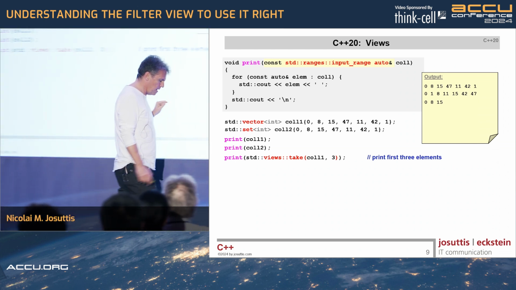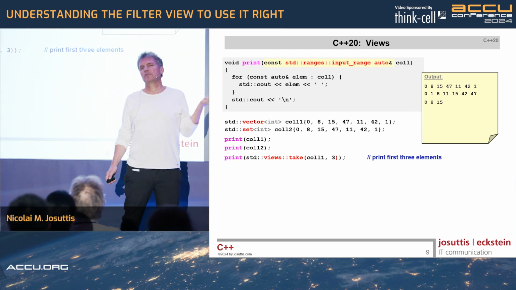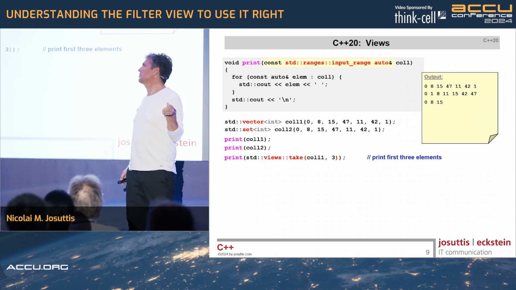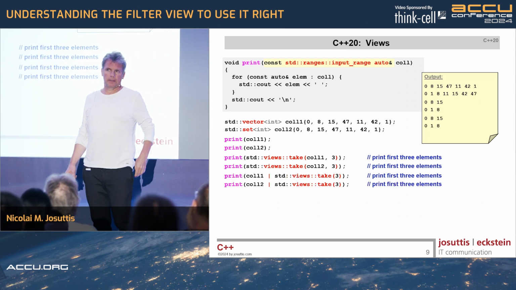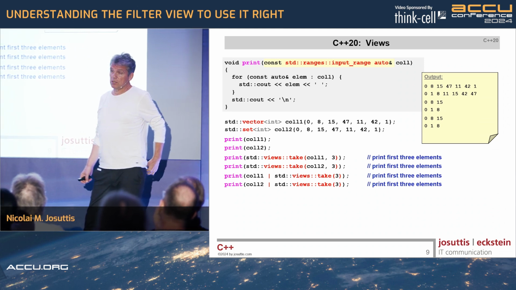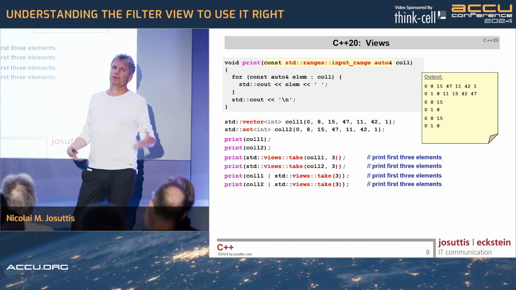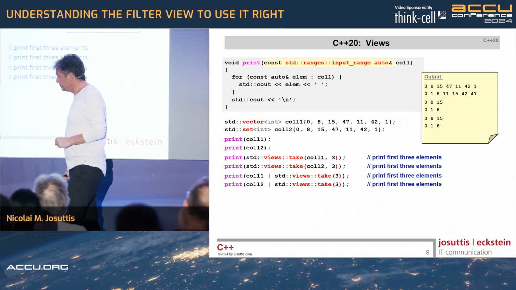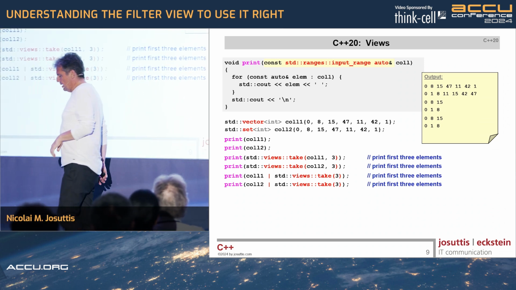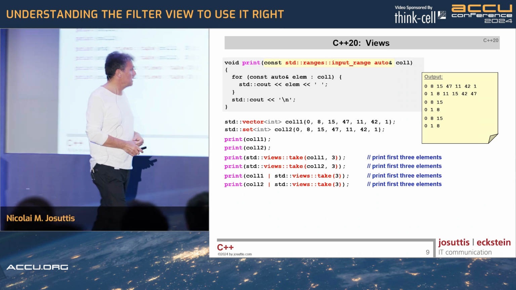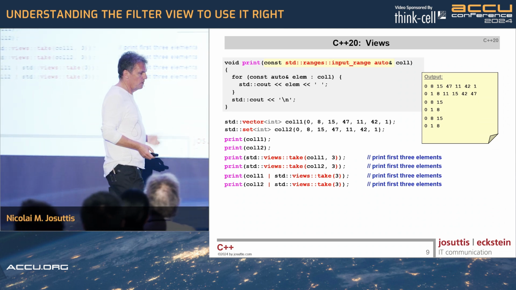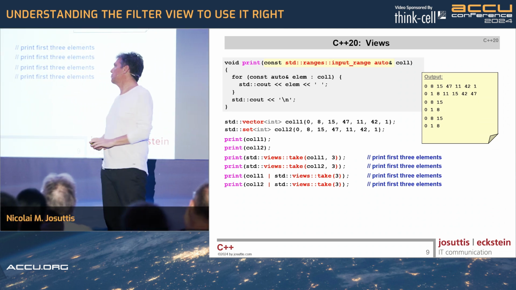Now, the interesting part of this is we have another syntax for that, which allows you to use the pipe symbol. Well, which is the bitwise OR operator, which we use as a pipe symbol here. So a collection can be piped, whatever the type is, into a take view, and the take view then says, oh, let's use 3 elements of that.